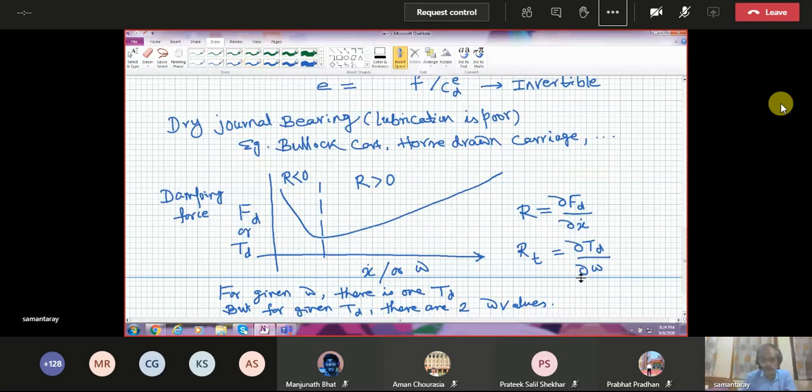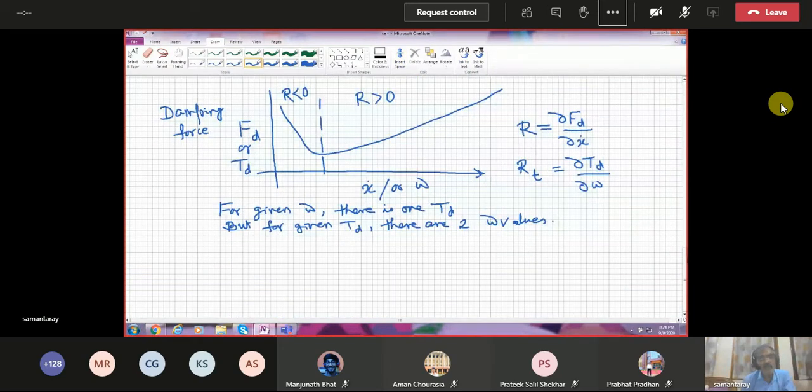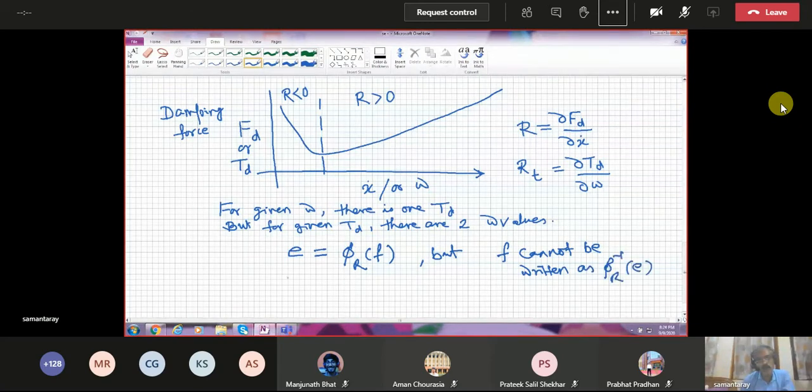So what you can do is we can write effort as some function of flow, but flow cannot be written as a function of T, because the function is multi-valued or discontinuous system.